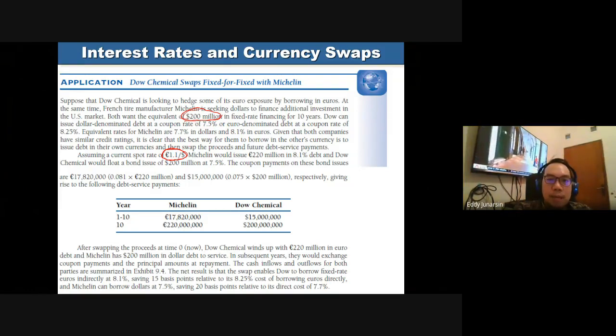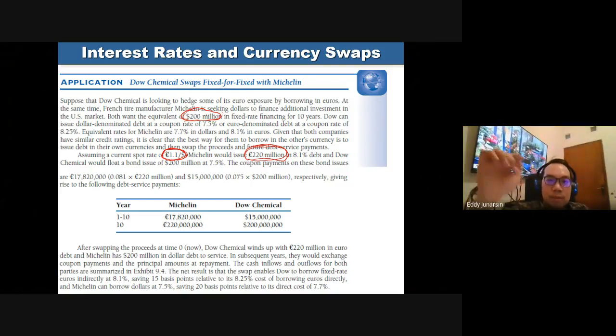We multiply them and we get 220 million euros. Okay, so this is just an example. So you see, we multiply them and we get 220 million euros. So $200 million or 220 million euros.